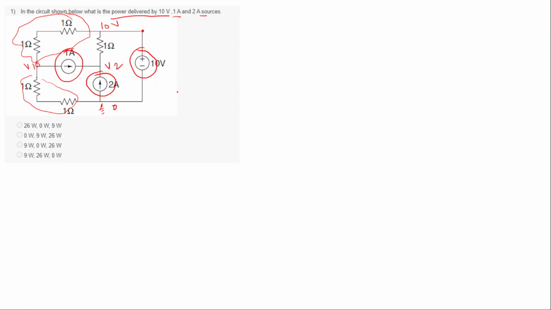Now to find V1, we write the node voltage equation. The sum of all the current incoming at this node will be 0. So (0 minus V1)/2 ohm plus (10 minus V1)/2 ohm minus 1 ampere, which is going out, equals 0.